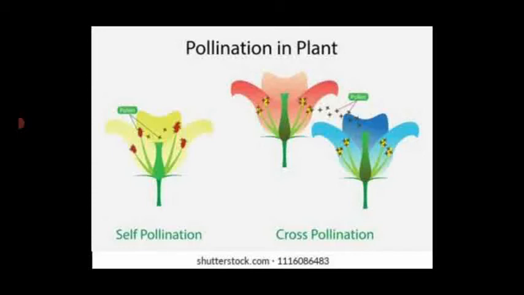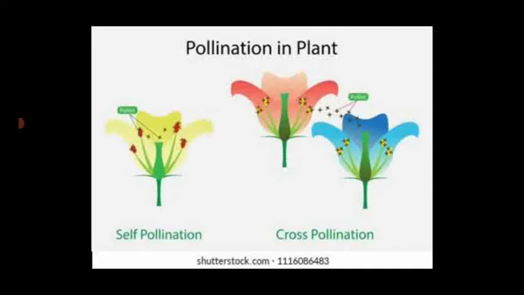See the second diagram showing cross-pollination. Flowers are on different plants but of the same species. See, the species are the same. So the pollen grains from the pink color flower are transferred to the stigma of the blue color flower.